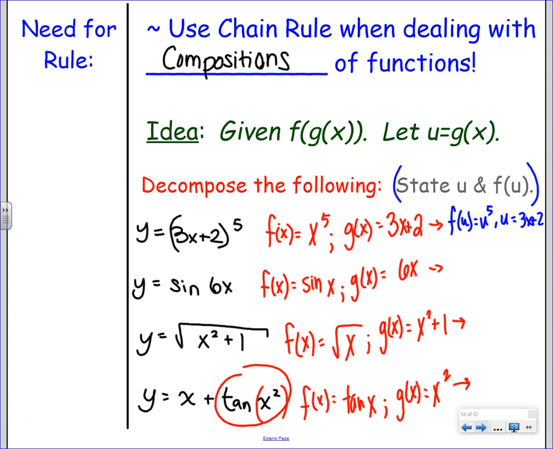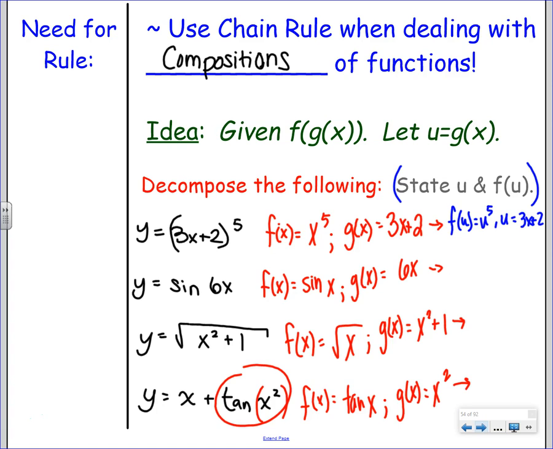This one, we don't really have to write f of g of x. This one, we'd have to write f of g in order to think about it. So if you're solving a rule and you're using the f of g notation, you can think about g is the inner, f is the outer. I'm going to show you how you can also think of chain rule using u is the inner and f is u to the fifth.